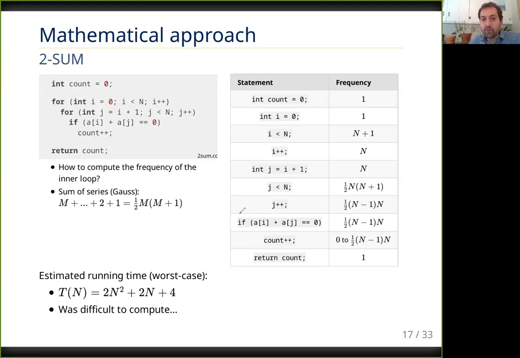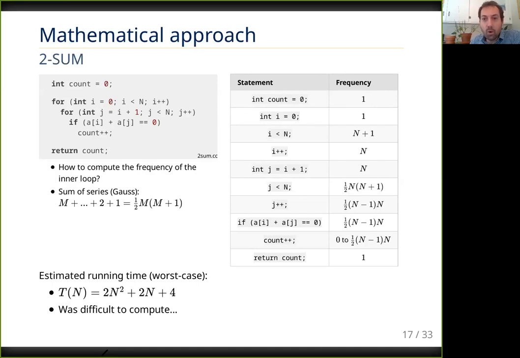Now you have to agree with me that it was a little complicated to compute, right? We have to apply this sum of series. We really have to make some huge mental effort to be able to count all of the statements and derive the equation that gives us the overall running time.